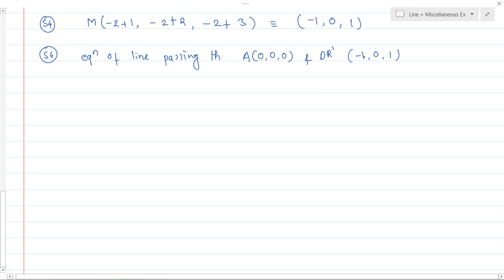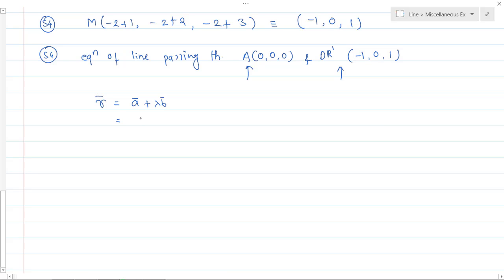See, again in this question we require two pieces of information: one, the point through which our line is passing, and other, the direction ratio of the parallel vector. Okay, so these are the two pieces of information we get, and we can simply find the vector equation, which is r bar equals a bar plus lambda b bar.